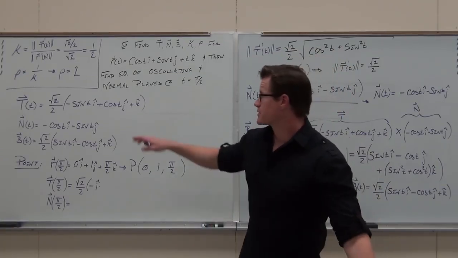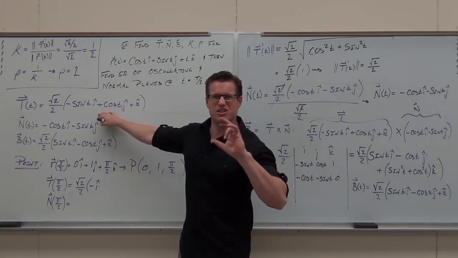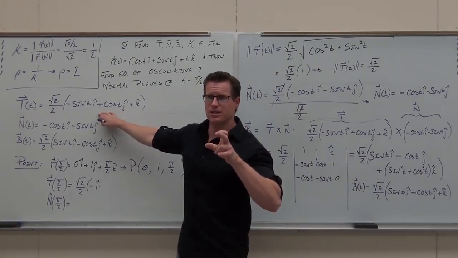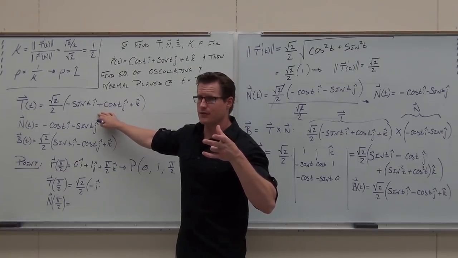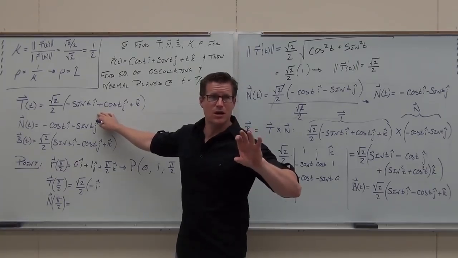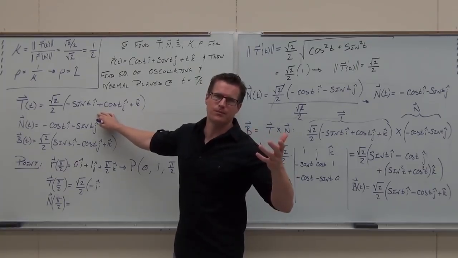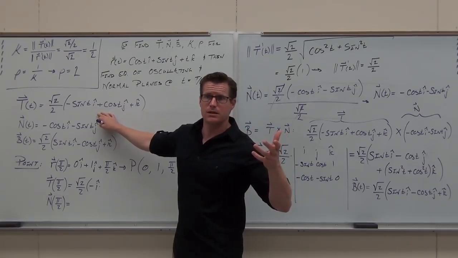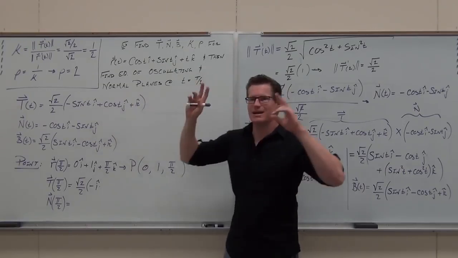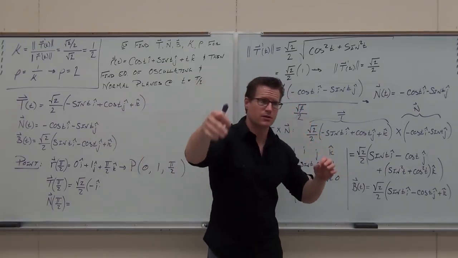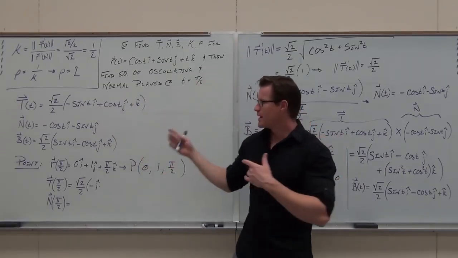Do you understand that this is not giving you a specific unit tangent? This is giving you a formula to find it. If I want a specific unit tangent, you're going to have to plug in what variable? That's the value for what variable? Oh, t. Because at a certain time, it's going to give you a certain unit tangent. That's what I'm asking you to do.